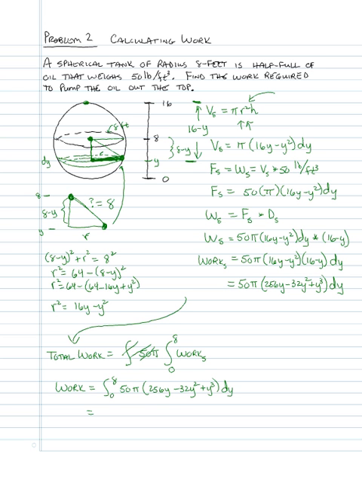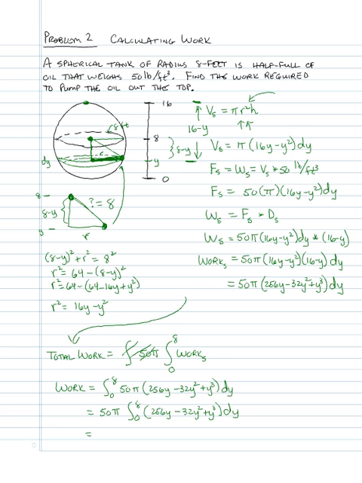Now, of course, I would do a couple of things. The first thing is I would factor out that 50 pi. And then my integral is going to be a little simpler looking. Maybe not simple, but simpler looking. And it's not difficult, it's just a little cumbersome.